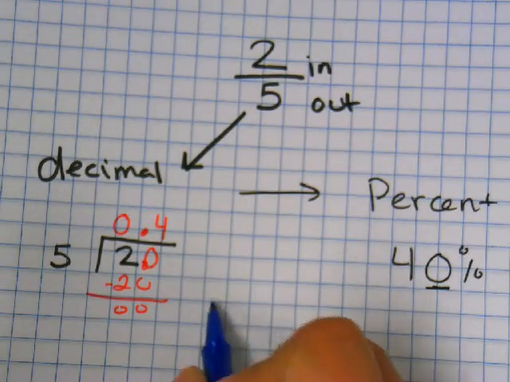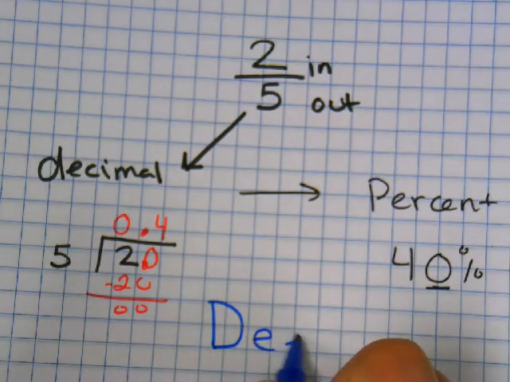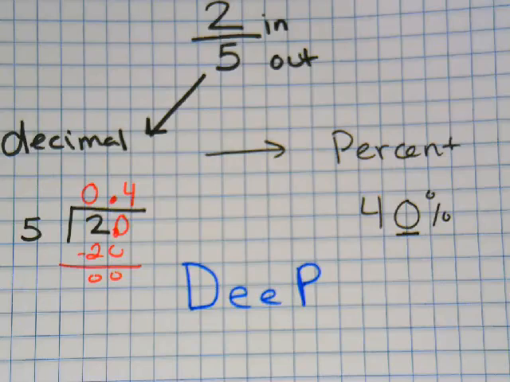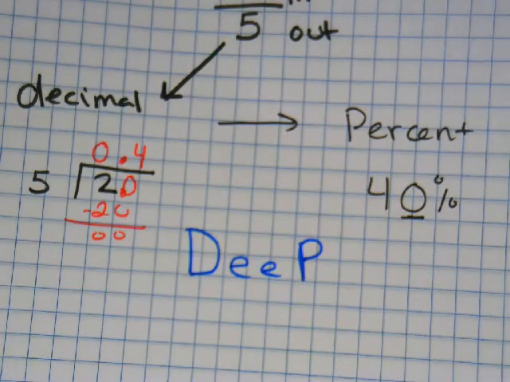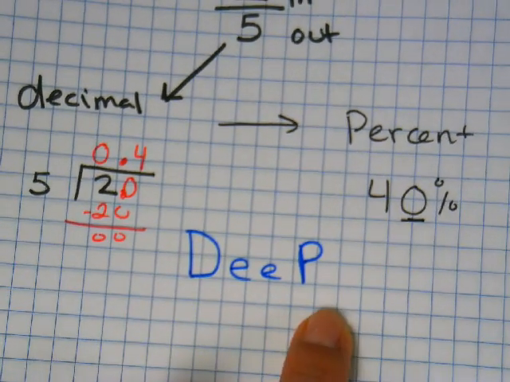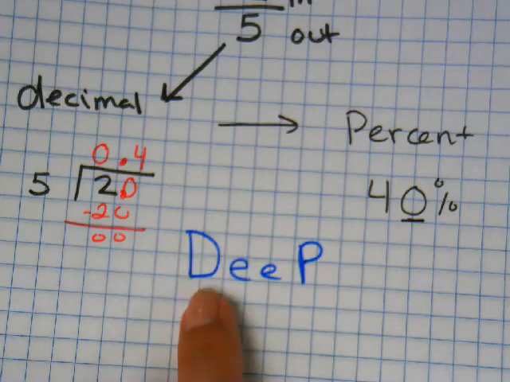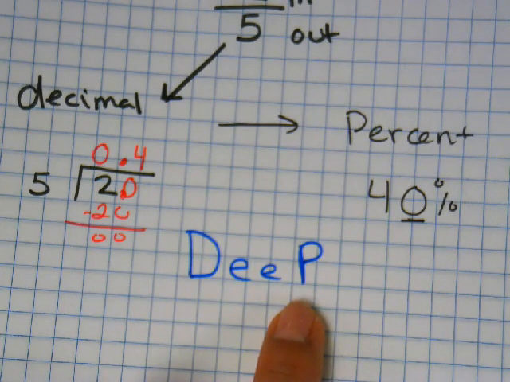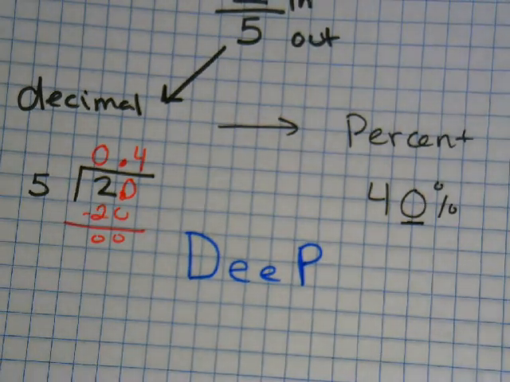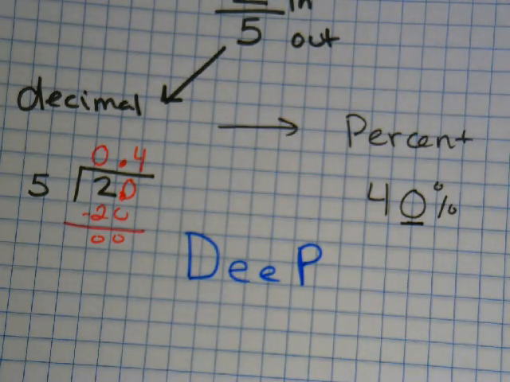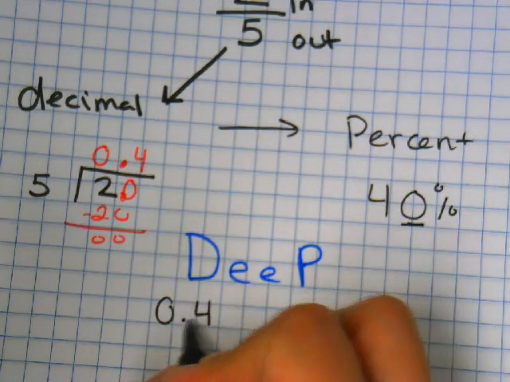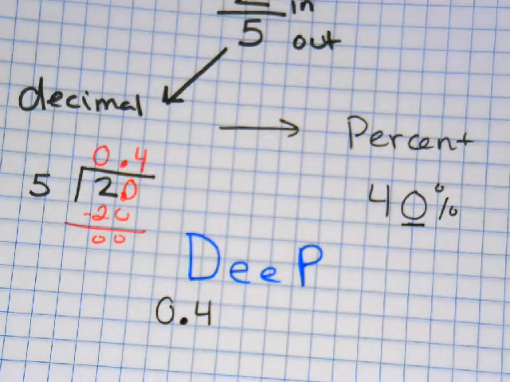Have you guys ever heard of using the word DEEP? The D is capitalized and the P is capitalized. What do you think the D stands for? And what do you think the P stands for? Sometimes it gets complicated, and if you have the decimal 0.4, some kids wonder how many times to move it.